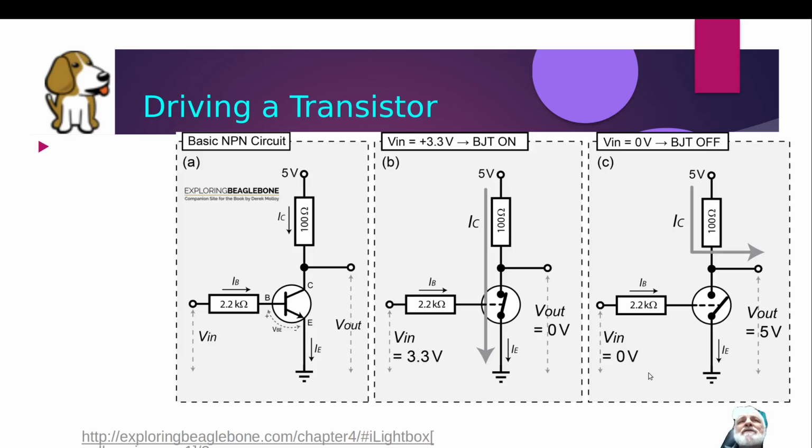Okay. Here's a picture of driving the transistor. In this case, I have a 2.2 kilo ohm resistor, so it's a slightly larger resistor than I had before. I put in 3.3 volts here, and that will activate this. This is kind of trying to show you it's like a switch. So the switch is closed, and current is going to flow through here.